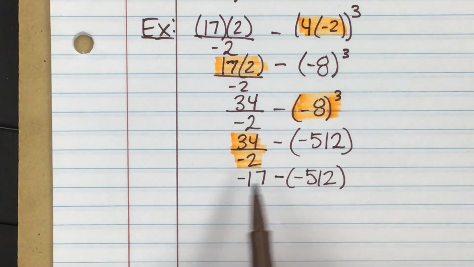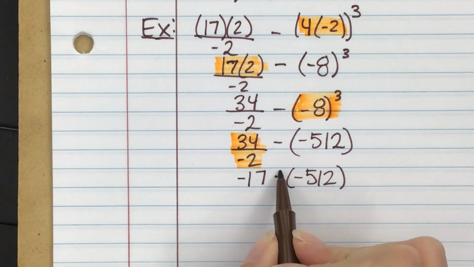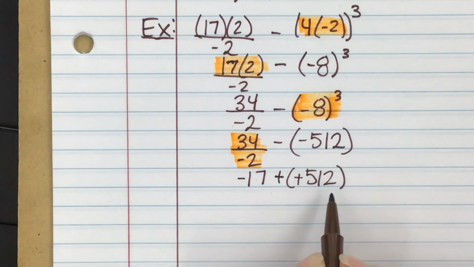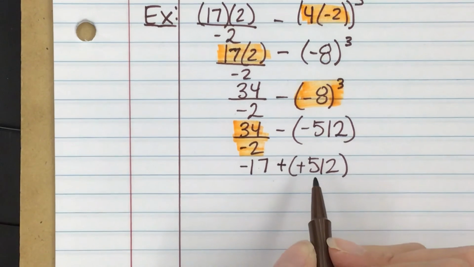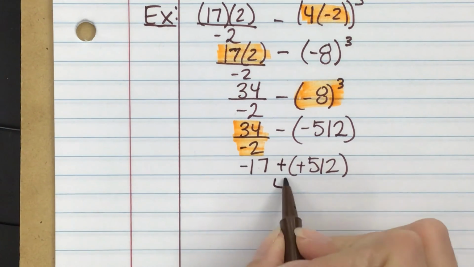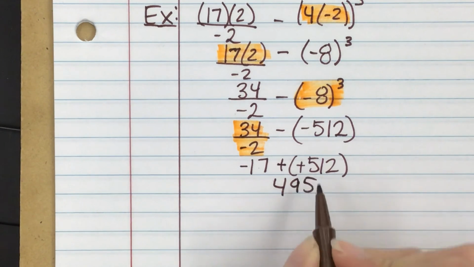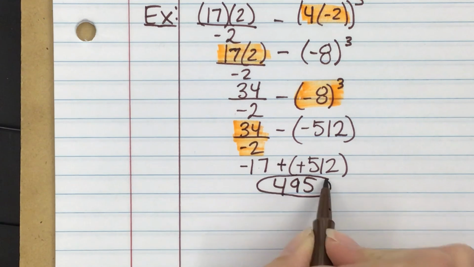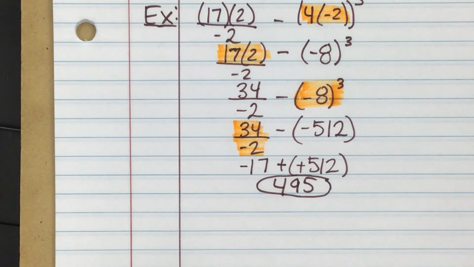Okay, and then we're gonna keep switch. So it's going to be -17 plus 512, and then we get 495. Looks good? Yeah? Okay, awesome.